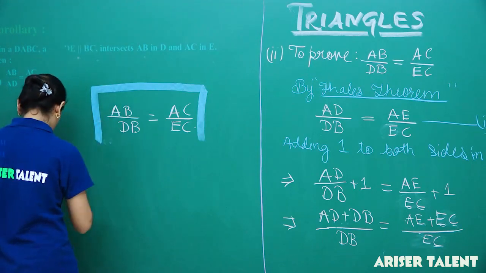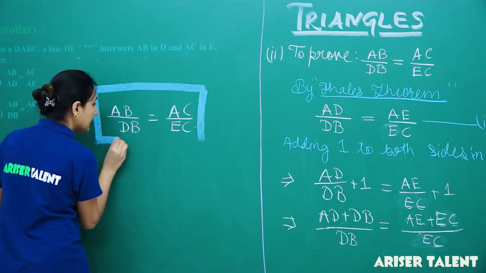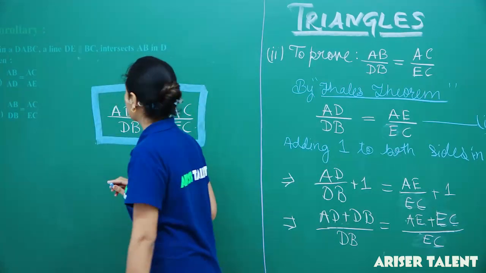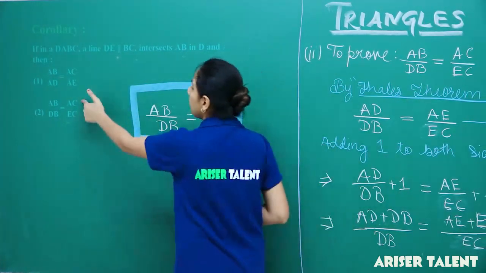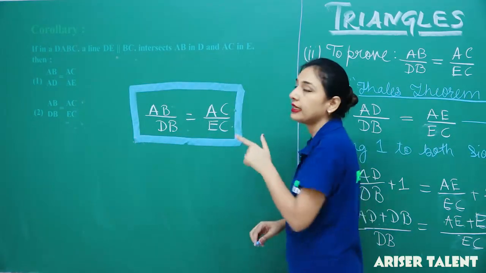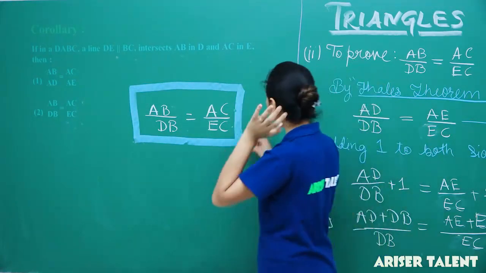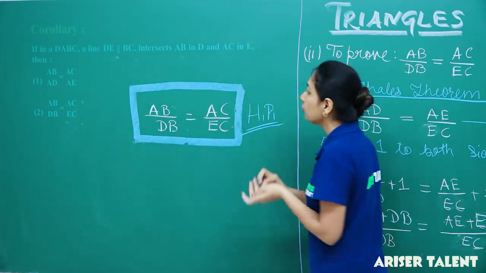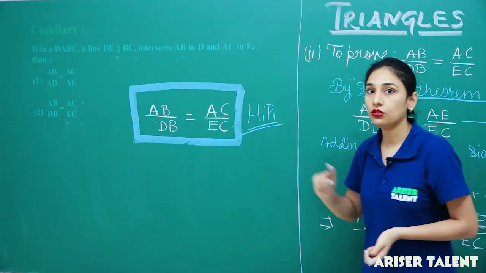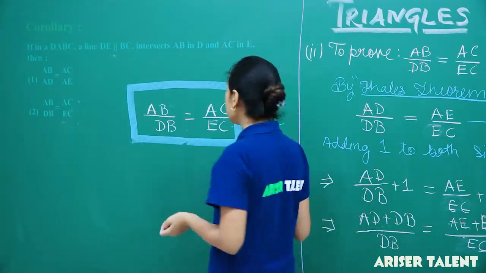We were trying to prove the second part, AB by DB equals AC by EC. So, hence proved. This is done. We have proved this part now. Second is proven, first is proven.